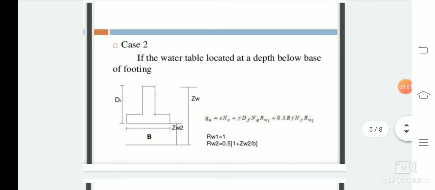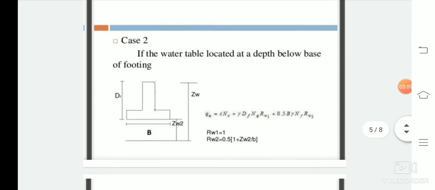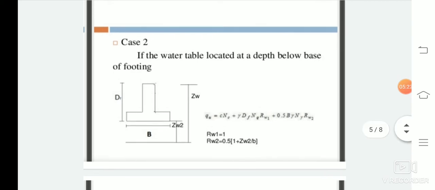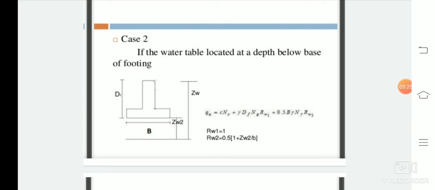So here the value of Rw1, or reduction factor 1, will be 1, and the value of reduction factor 2 will be 0.5 multiplied by (1 plus Zw2 by B), where B is the width of the footing and Df is the depth of the footing. This is applicable in the equation of bearing capacity, that is Qu equals cNc plus gamma Df Nq Rw1 plus 0.5 gamma B N gamma Rw2, for the water table situated at a depth of Zw2 from the base of the footing.